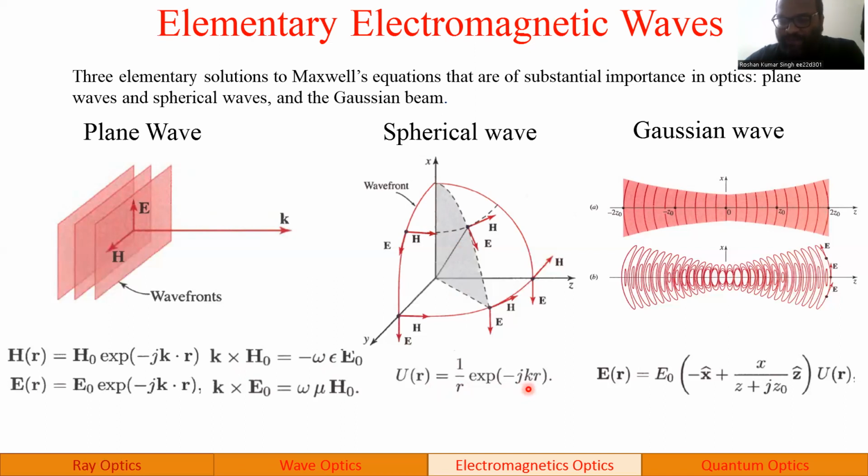The phase also changes in the radial direction. Third is the Gaussian beam, in which the beam travels with a non-uniform field. In both plane and spherical waves, there is a uniform field, but in Gaussian, there is a non-uniform field.